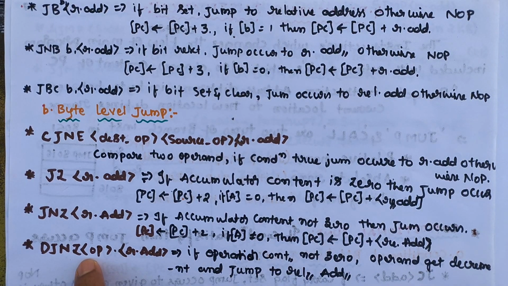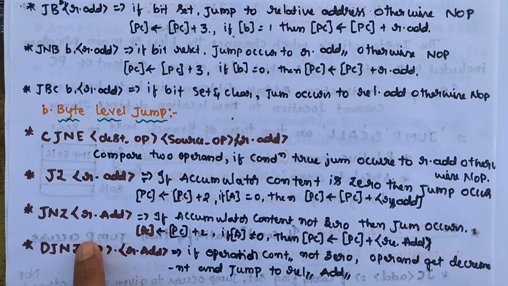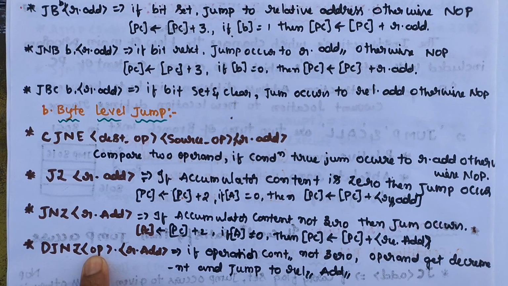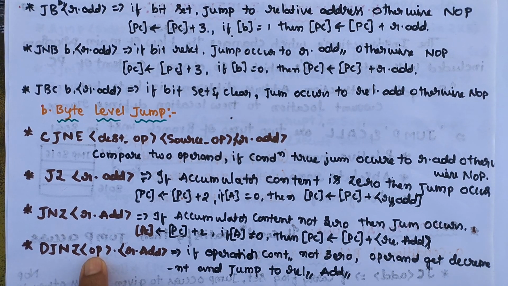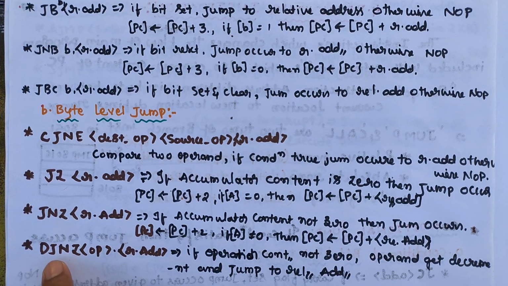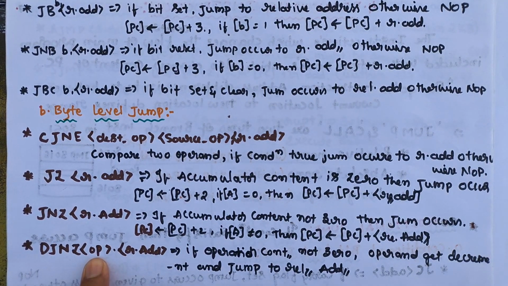The next byte level instruction is DJNZ, decrement and jump if not zero. Here we specify one more operand in addition to the above condition. If the content is not equal to 0, then this operand gets decremented by one.